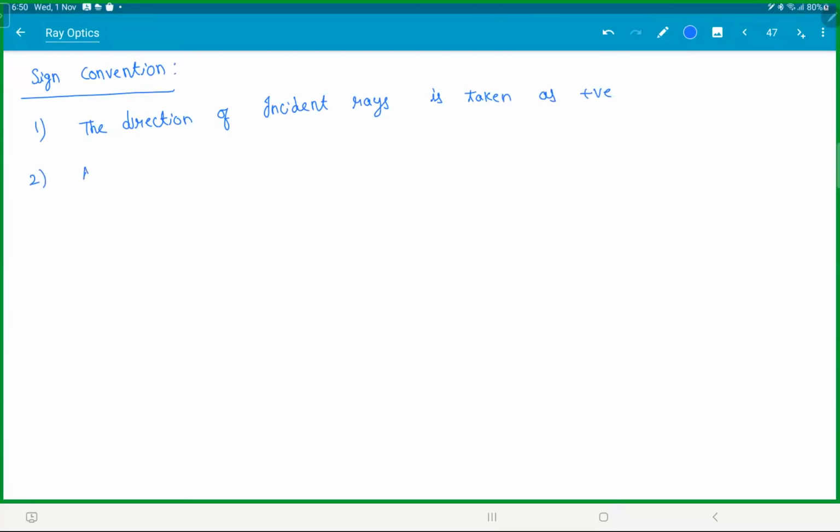Second, all distances are measured from the pole. For mirrors, we call it pole, and for lenses, we call it optical center.